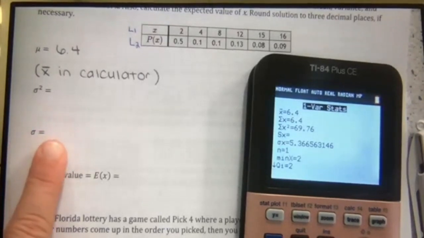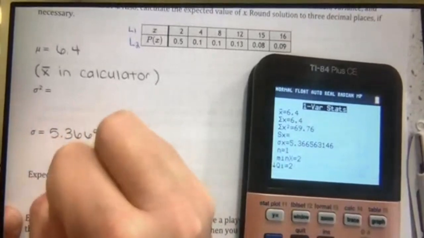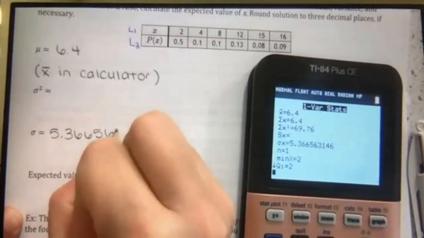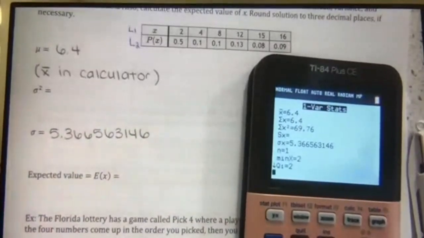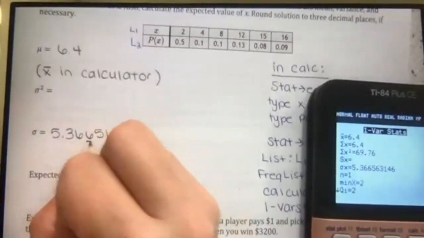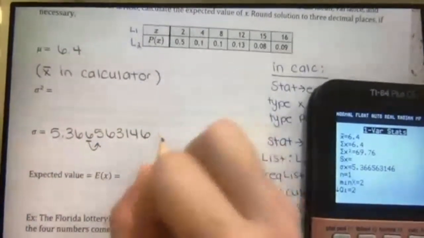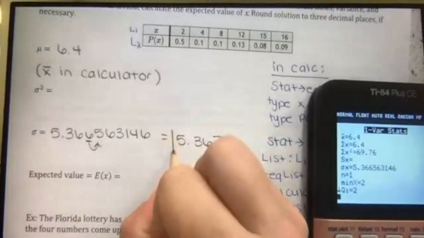Going down, our sigma is 5.366563146, which it said to round to 3 decimal places. So we're going to round 1, 2, 3. We're going to round this 6. Looking next door is a 5. So we get 5.367.